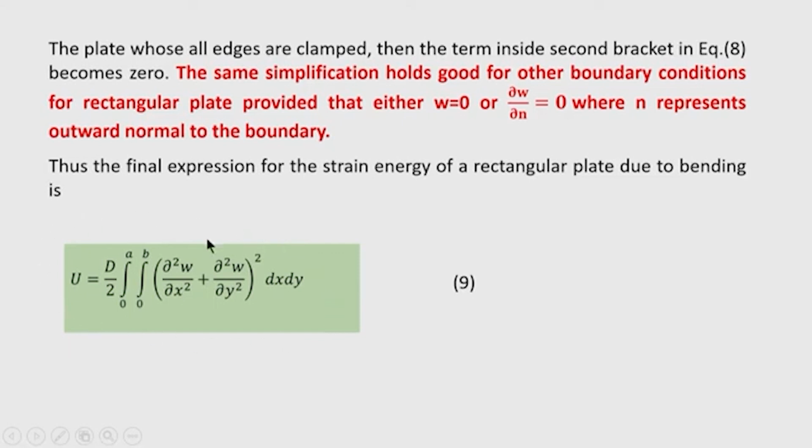Now, in the case of, say for example, a beam problem, where D is flexural rigidity in the case of a plate, in the case of a beam D may be replaced by EI, and the curvature in the other direction, the width direction, is ignored in the case of a beam, or also in the case of plates which are very long.